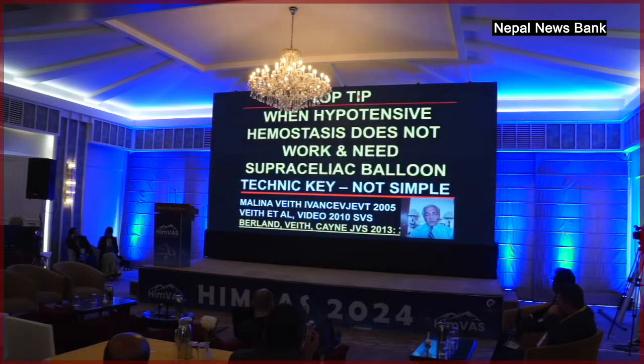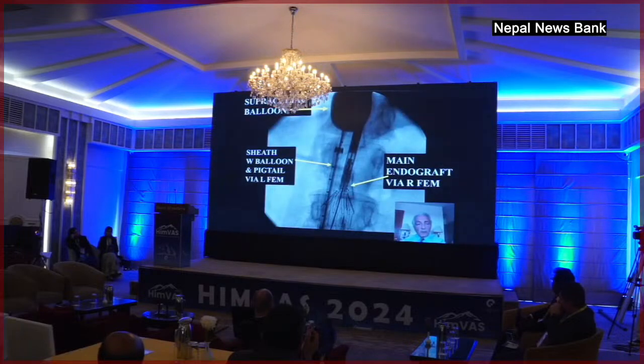When hypotensive hemostasis does not work and a supracoeliac balloon is needed, its placement is not simple. Technique is the key, and it's well described in this JVS article from 2013. Here shown is the balloon supported by a sheath via the left femoral artery, while the main endograft is being deployed via the right femoral artery access.